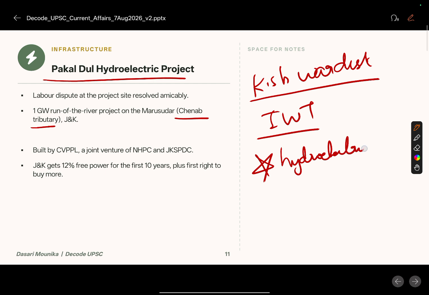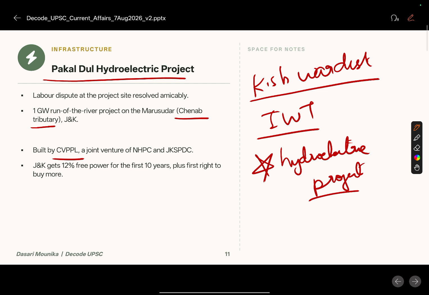So under this, we started constructing the Pakal Dal Hydroelectric Project. It is built by Chenab Valley Power Projects Limited, which will run the Pakal Dal Hydroelectric Project.